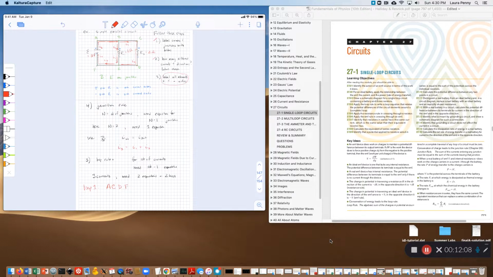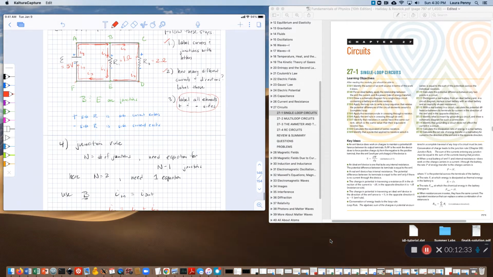I'm going to write down a loop rule where I say the voltage rises on one side and the voltage drops on the other. So as I go from A to C, I don't go across any circuit element. There's no drop, there's no rise. As I go from C to D, I move across resistor 2. I go across it this way, and I'm moving from the positive side to the negative side.